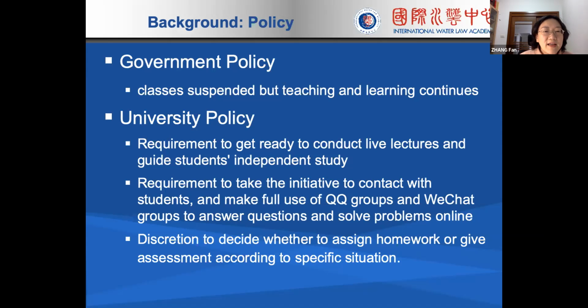It simply required the teachers to get ready to conduct live lectures and guide students' independent study, to take the initiative to contact students and make full use of QQ groups and WeChat groups to answer questions and solve problems online. And the teachers were given the discretion to decide whether to assign homework or to give assessment.